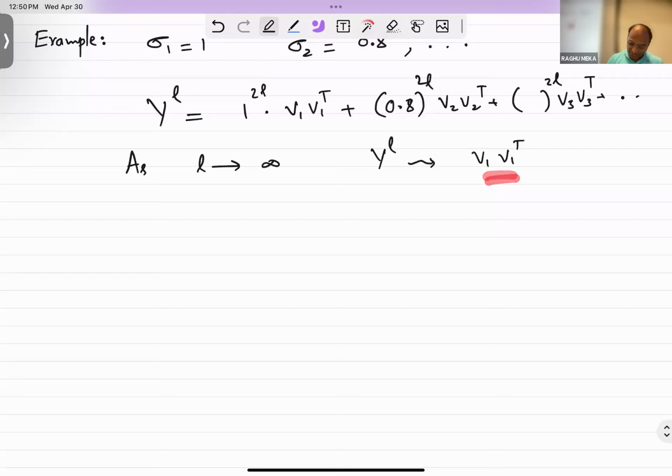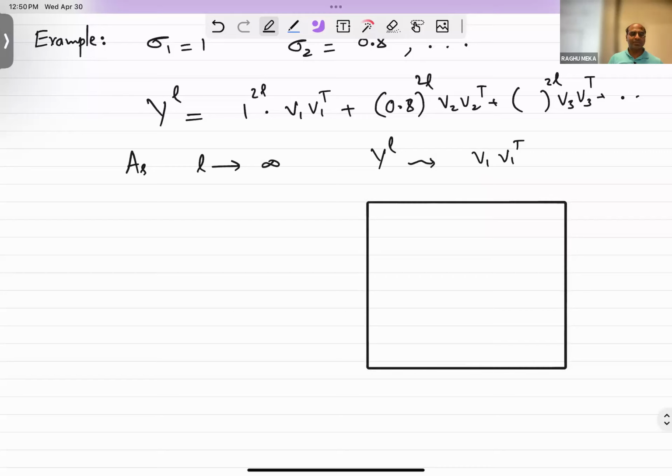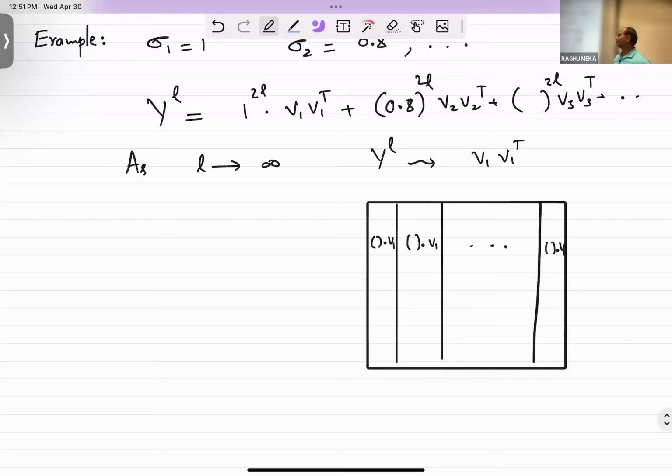But let's think about this V1 transpose. What does it look like? It's a square matrix, and every column is some number times V1. Remember, we don't have access to the V's.